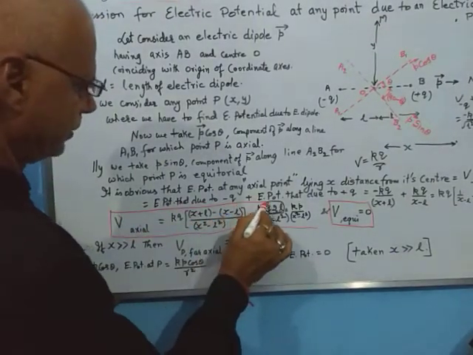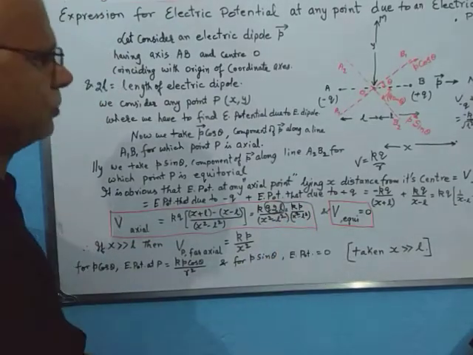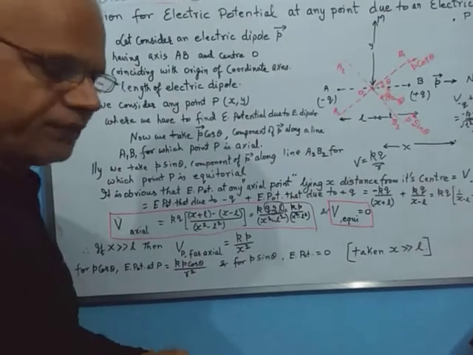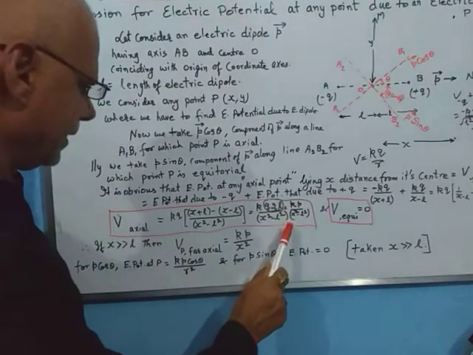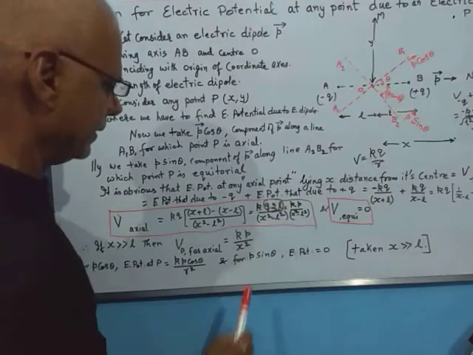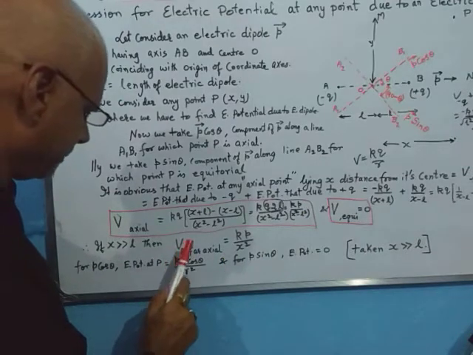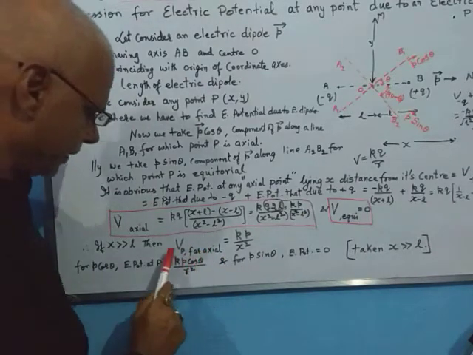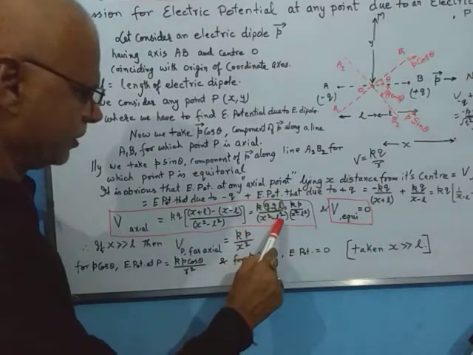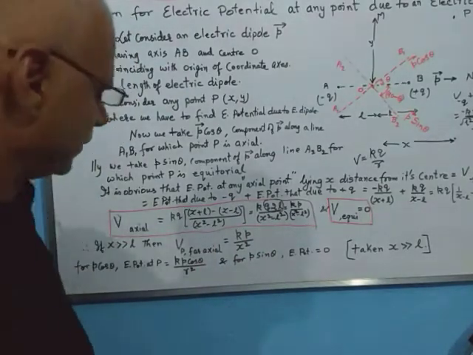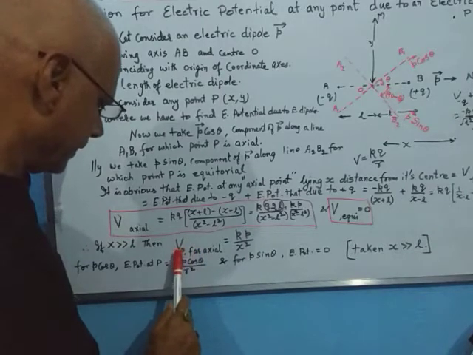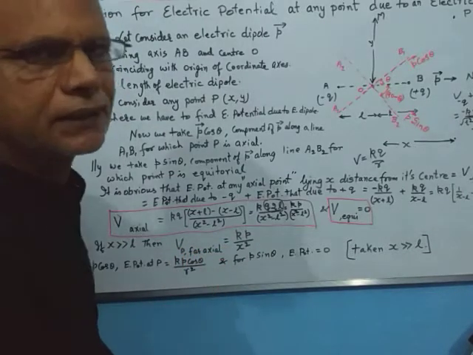Now we want to find the electric potential due to an electric dipole at any point P. For simplifying the case, if x is much greater than L, then we ignore the L here, and we are left with the expression for electric potential due to an electric dipole at a far axial point equal to Kp by x square, because L square is ignored as compared to x square. So this is the electric potential at a far axial point due to an electric dipole.